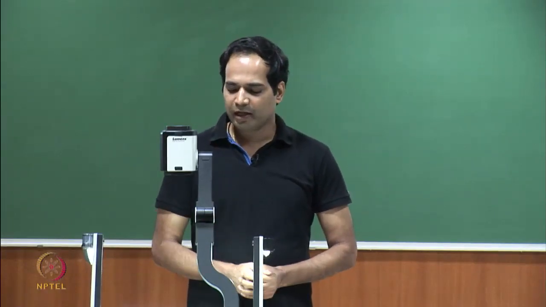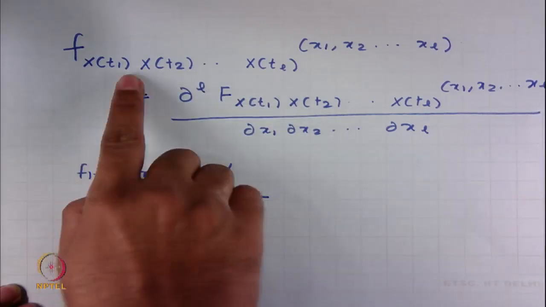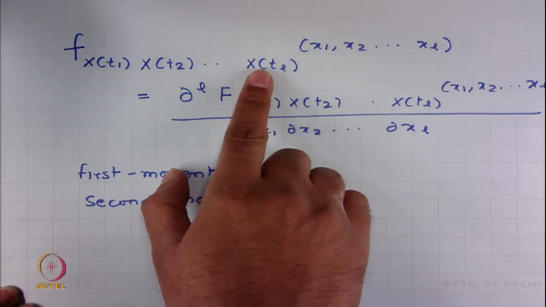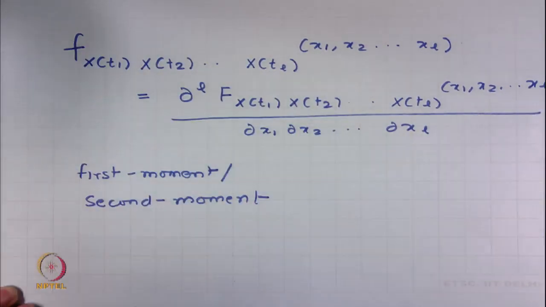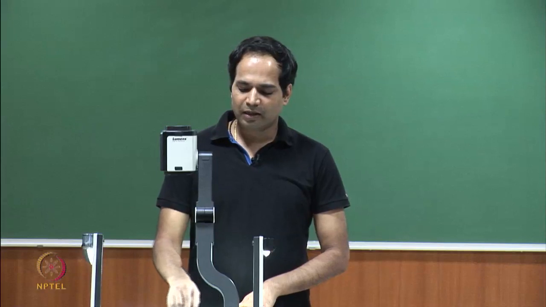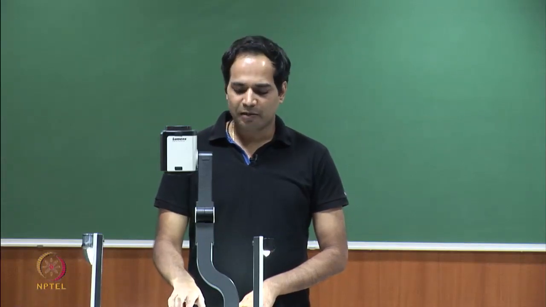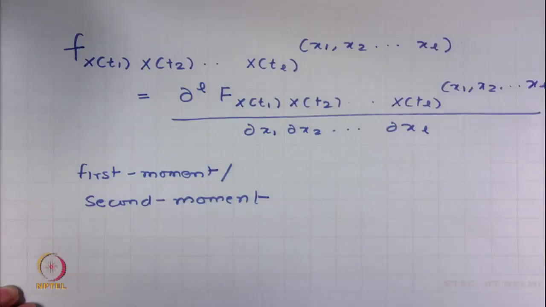The second way: if you look at this expression carefully, a random process can also be thought of as an ensemble of random variables. So, you have a random variable at T1, a random variable at T2 and T3, and so on and so forth. So, you can think about a random process also as an ensemble of random variables.